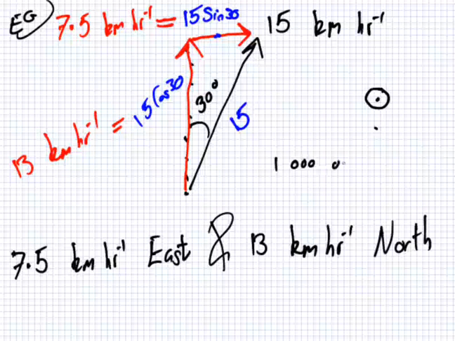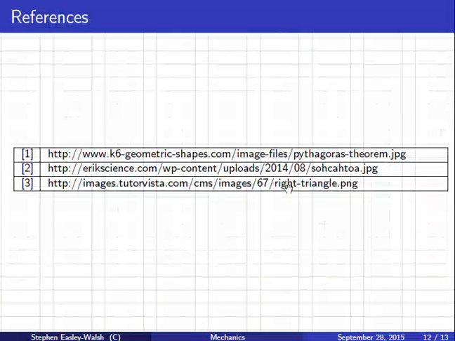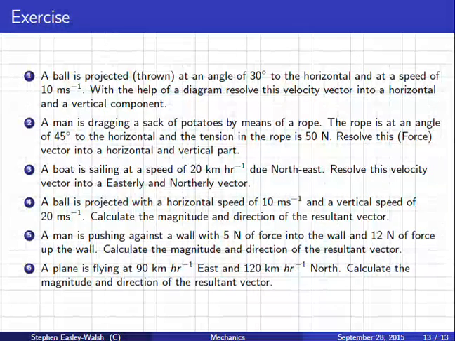Okay, so we have to use our other formula. We know that this is 15, which is great. One of these will be 15 cos 30 and one of them will be 15 sin 30. Which one do you think this will be? The sine would be that one. So this side is going to be 15 sin 30 and this side will be 15 cos 30.